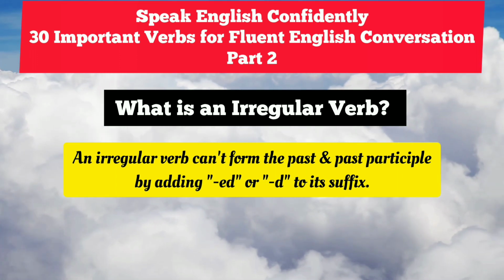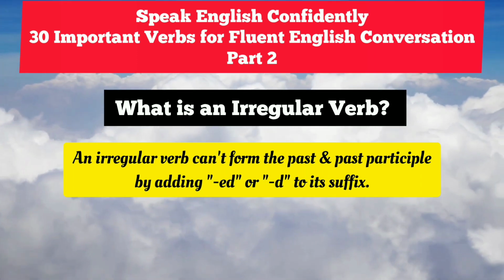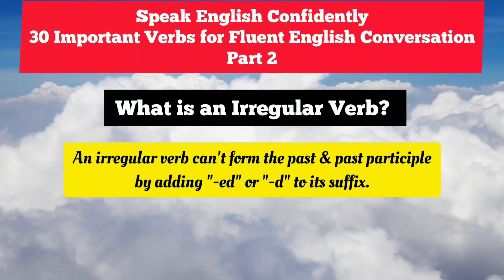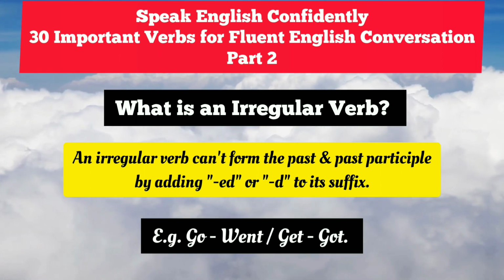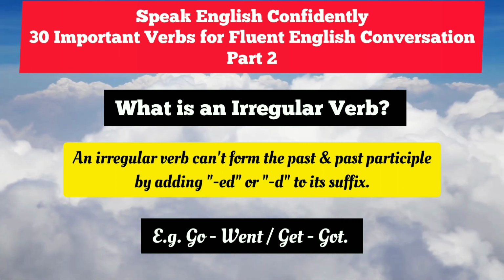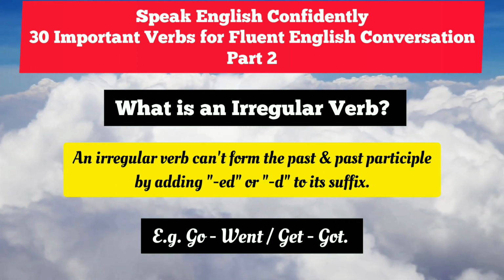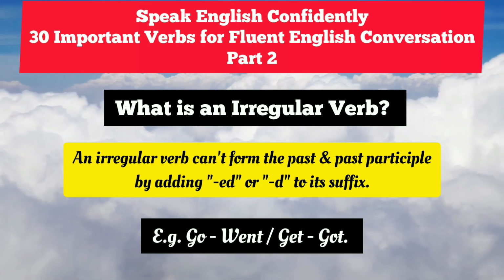So if we add ed or d to the suffix of an irregular verb, we cannot change it to past or past participle. So that is the simple definition of an irregular verb. That's the way to remember which one is an irregular and which one is a regular verb. So without wasting any more time, let's get started.